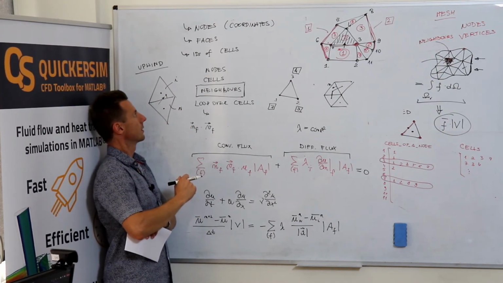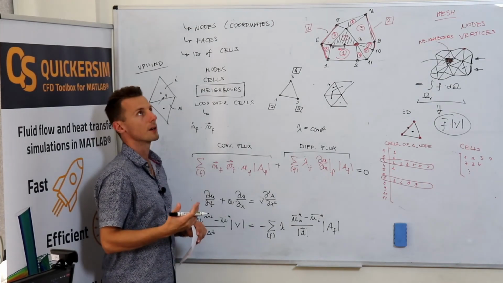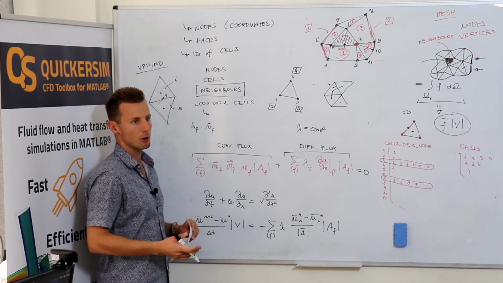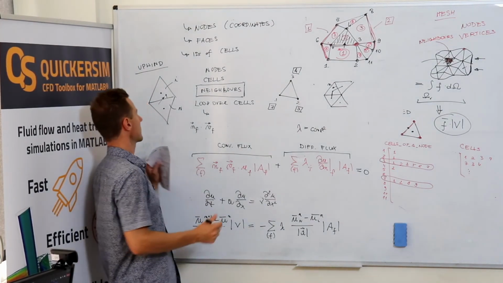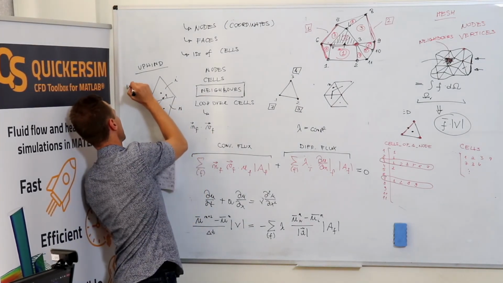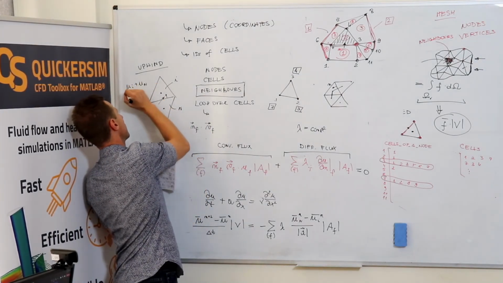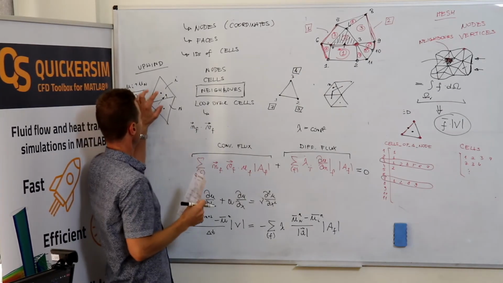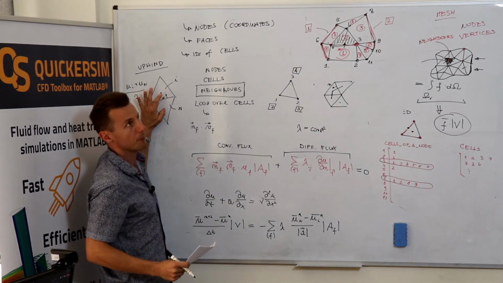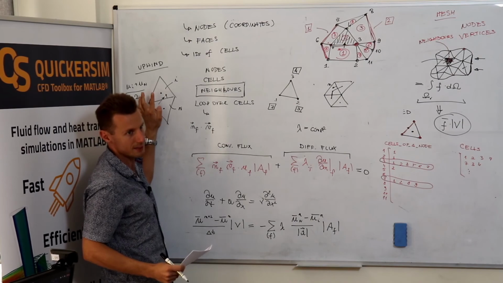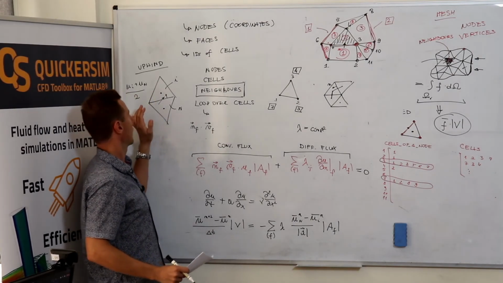Then the analog of the central differences would be taking u_i plus u_neighbor divided by 2, or calculating properly according to the distance if you wish.